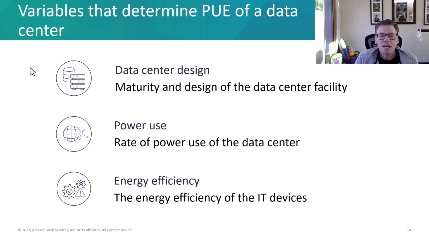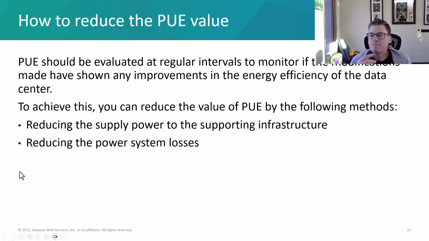If we think about the maturity of the data center facility, basically what that means is how old is this building. Typically, the more modern or newer a building is, it generally has better efficiency designs built into it. So that's going to impact this calculation pretty substantially.